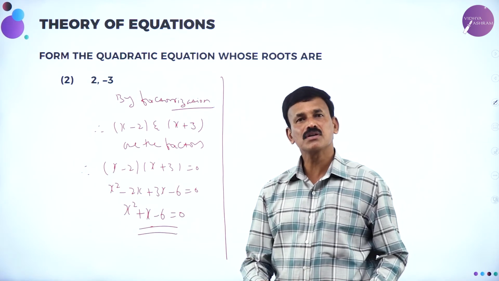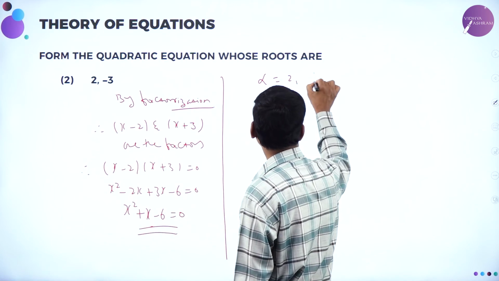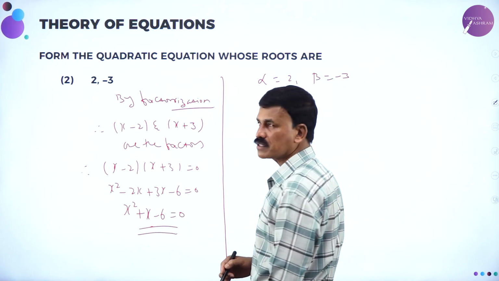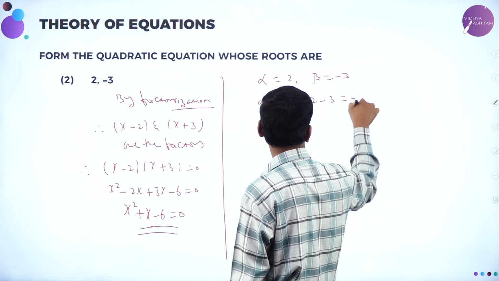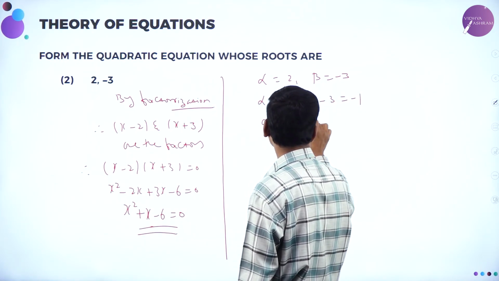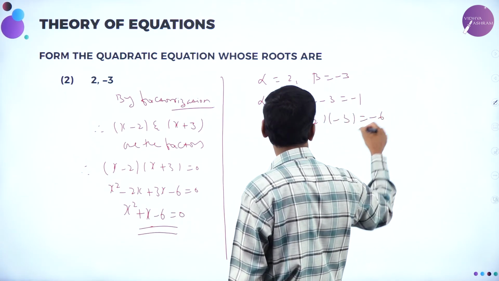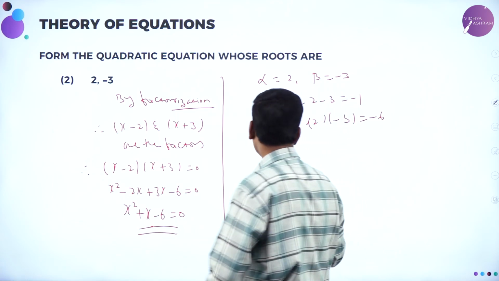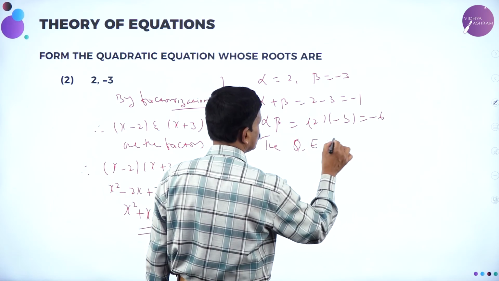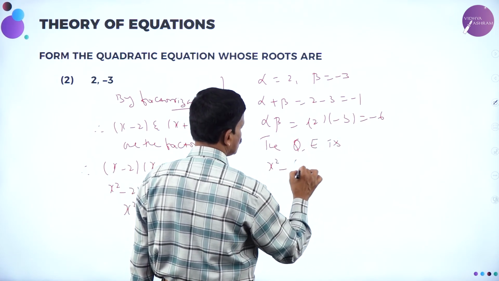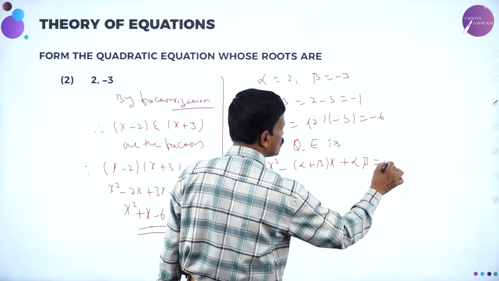Now this can also be solved by formula method. So what is given? Alpha is equal to 2 and beta is equal to minus 3 are the roots. Sum of roots alpha plus beta is equal to 2 minus 3 is minus 1. Product of roots alpha beta is equal to 2 into minus 3, that's equal to minus 6, right? So what is the formula? The required quadratic equation is x square minus (alpha plus beta) into x plus alpha beta is equal to 0.